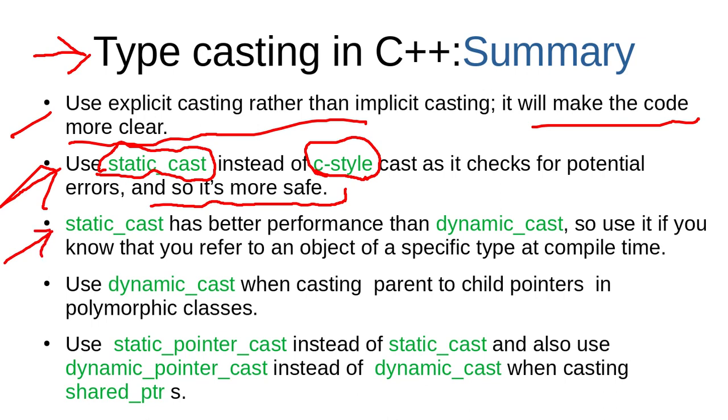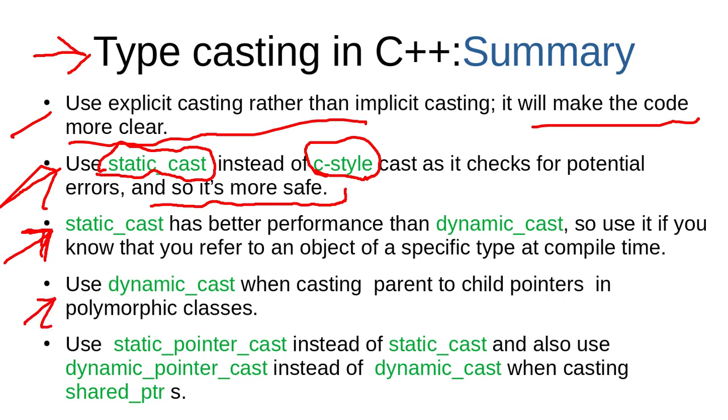Static cast has better performance than dynamic cast because no check happens during runtime. Static cast's check only happens at compilation time. So if you know the types of pointers at compilation time, use static cast instead of dynamic cast.